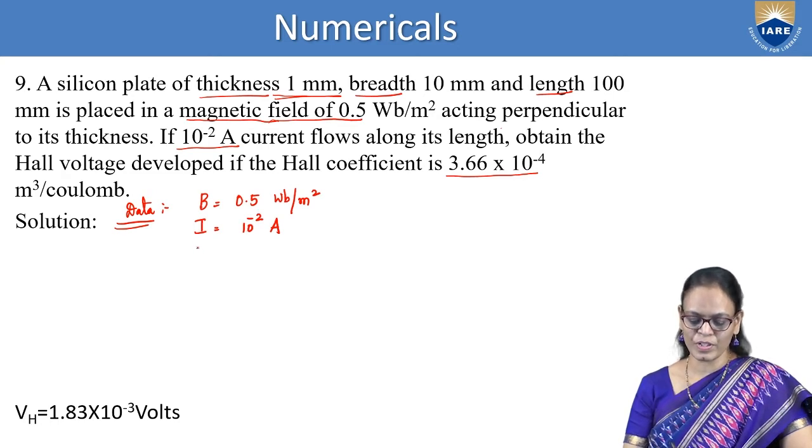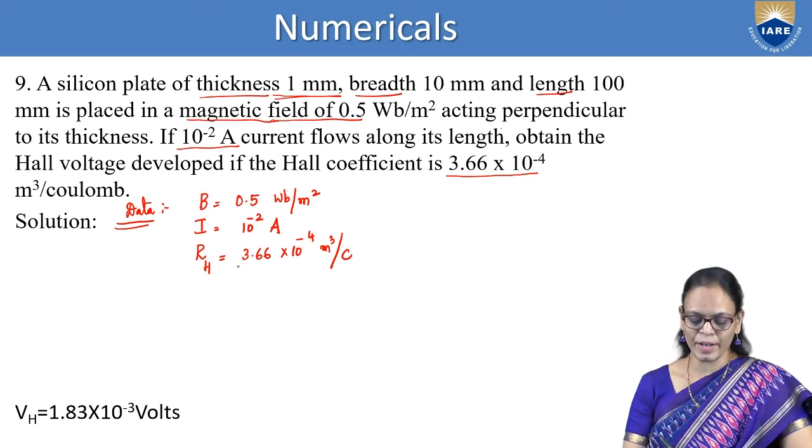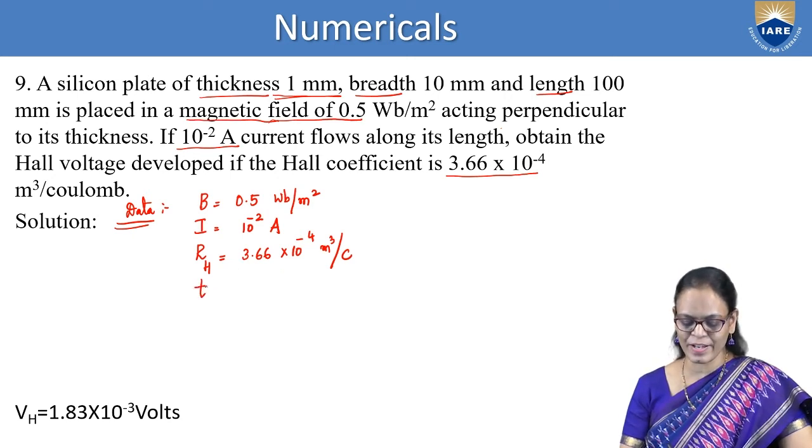And Hall coefficient is also given. RH is equal to 3.66 into 10 power minus 4. And now the Hall voltage is developed along the thickness, T is equal to 1 millimeter. So we will do the conversion here.